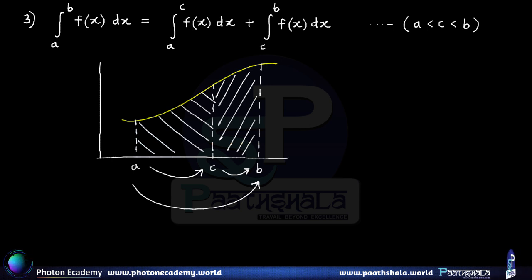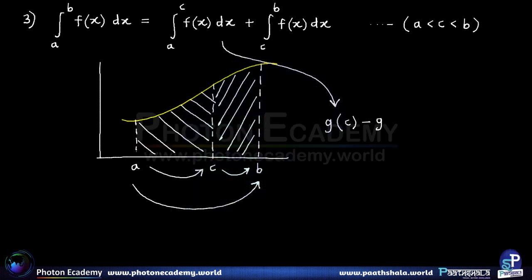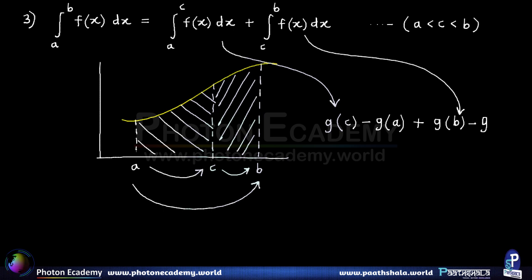Or in other words, if you want, the right hand side integral can be written as g of c minus g of a after putting the limits, plus for the second one it is g of b minus g of c.